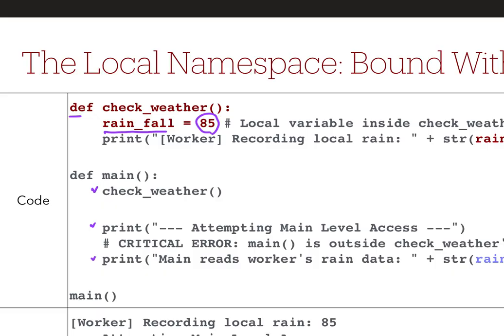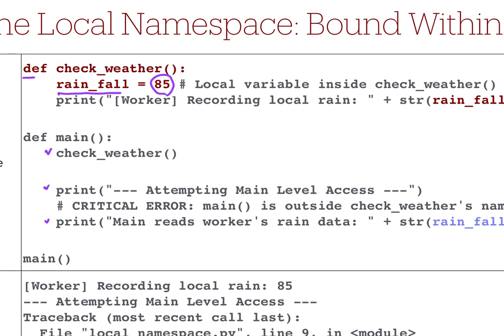In the next line, I try to print certain statements with the value of the variable rainfall, but that rainfall was not defined within the main function. It was defined within the check weather function. So this rainfall variable is called outside the check weather function. At that point, you get an error.